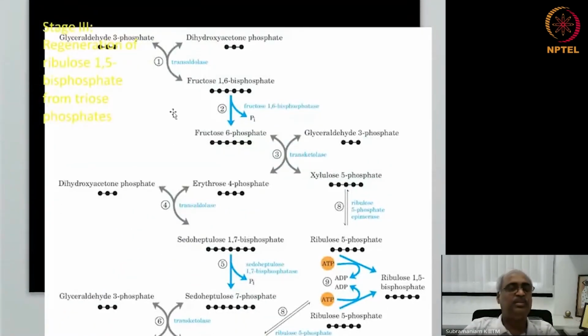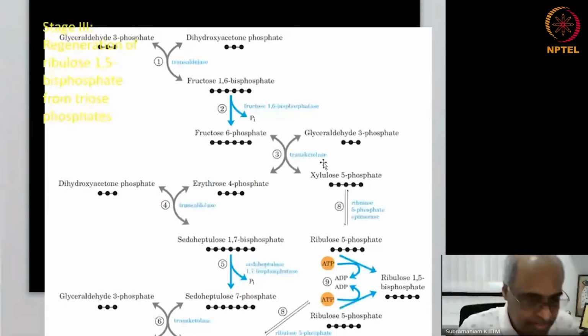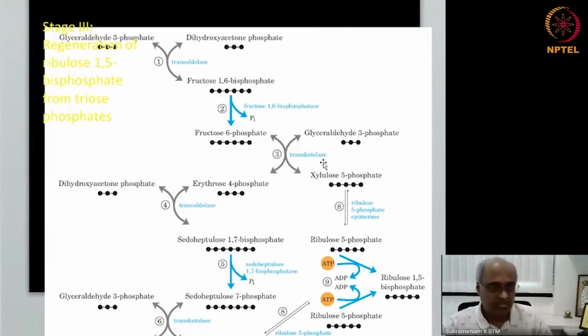Here the main enzymes are these transaldolases and transketolase. The transketolase is an important enzyme whose mechanism we are going to have a look at in the next slide. Quite simple but important.